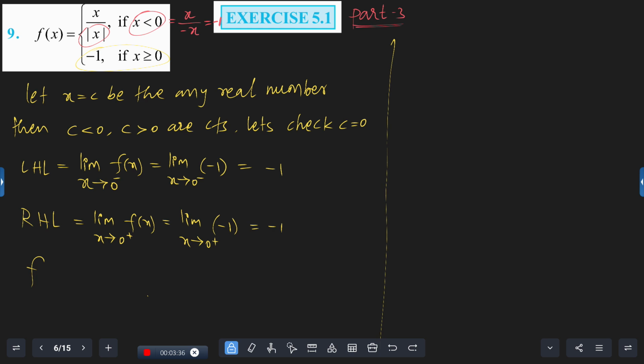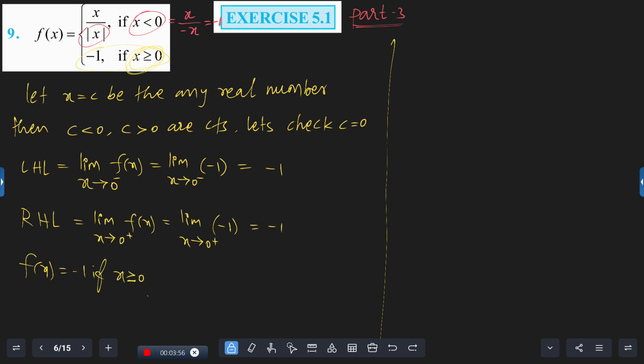For the function value, we find where we have 0 equal to x. Have you noticed it? Greater than or equal to 0 is there, so that is the equal case we have to use. So f of x is equal to minus 1 if x is greater than or equal to 0.